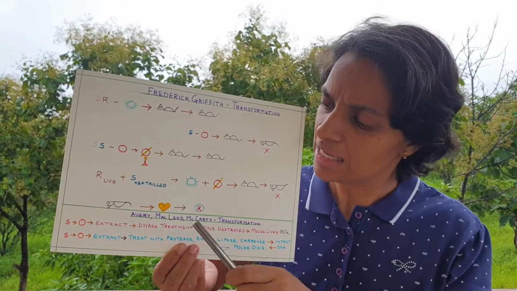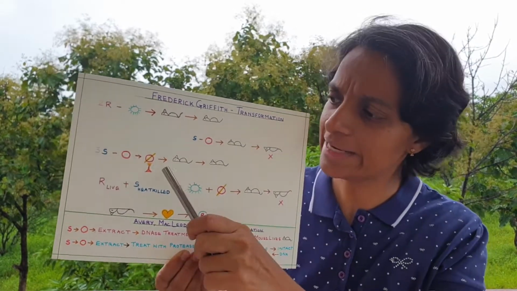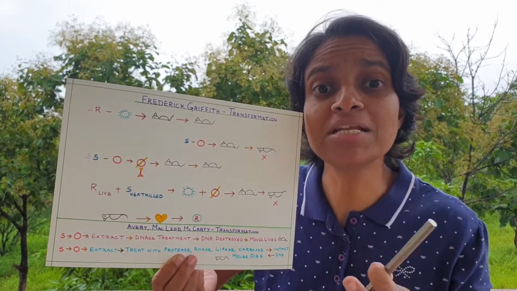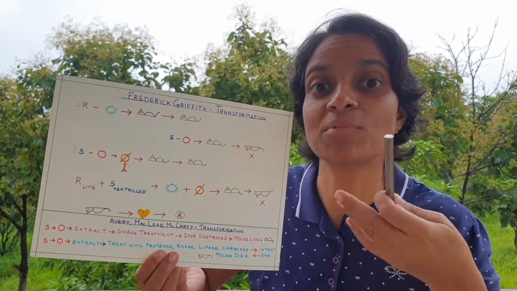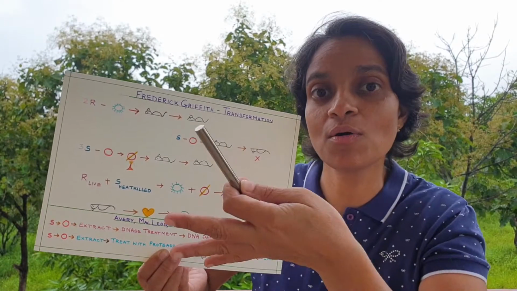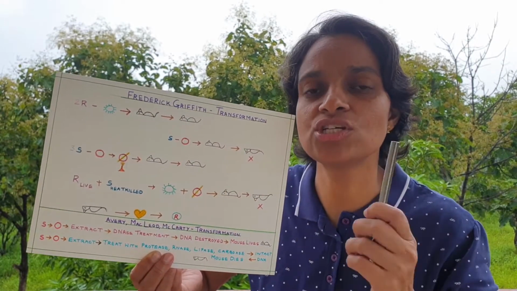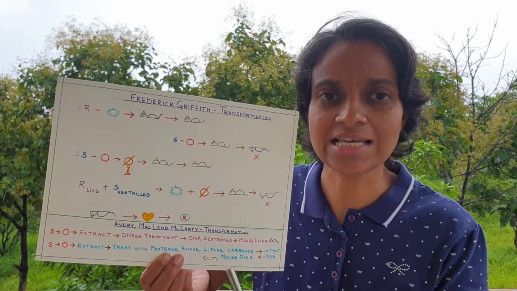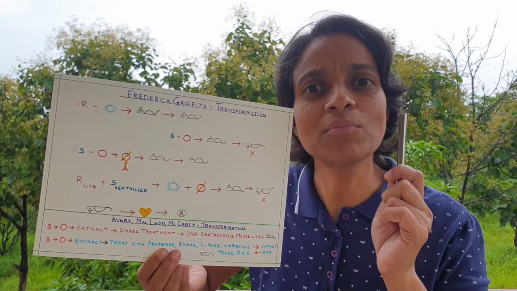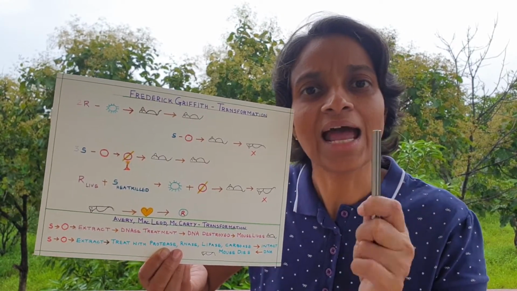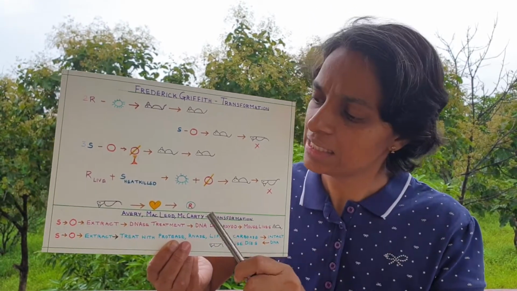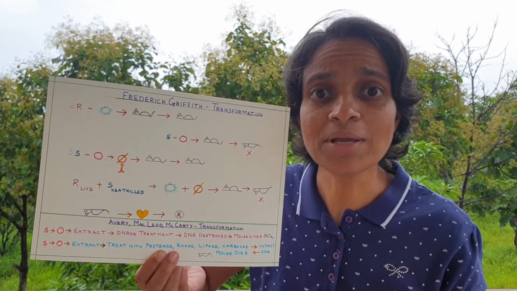And he said, this heat-killed smooth strain had a transforming principle in it, a trait which it could transfer to the R strain and change it into the virulent S strain. That was Griffith's experiment. He said something transformed the R strain, and that something came from the S strain. And that he named as the transforming principle.